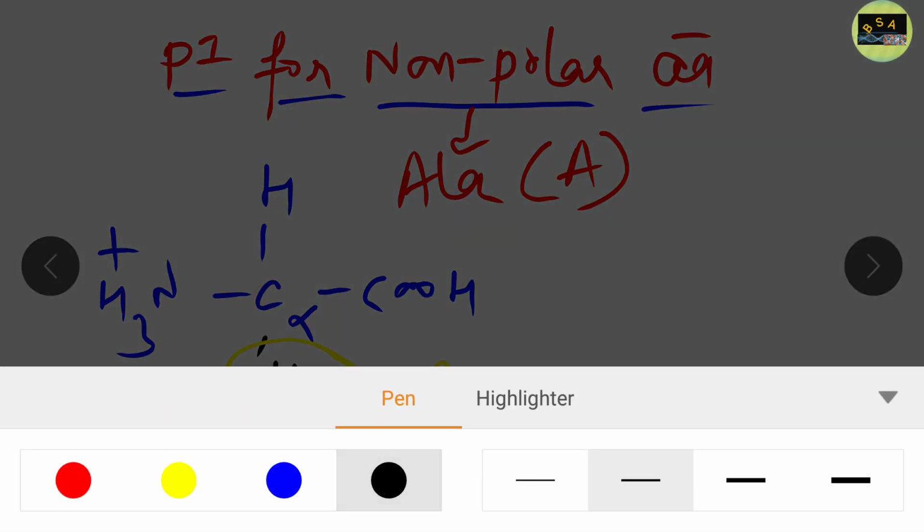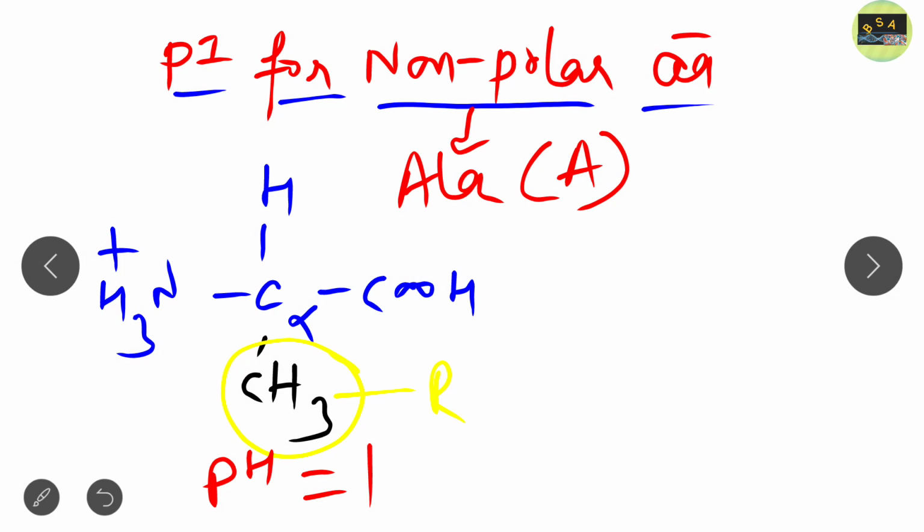Now to understand the isoelectric point, you should know three things. First, the pK1 value for the acidic part, that is the COOH part, which we take as an average of 2.